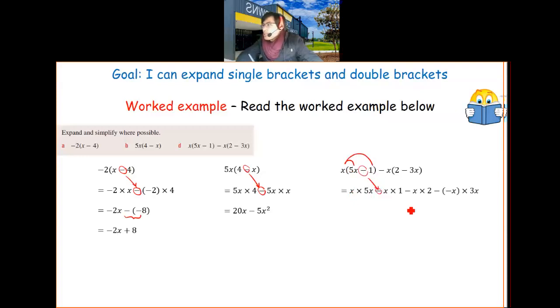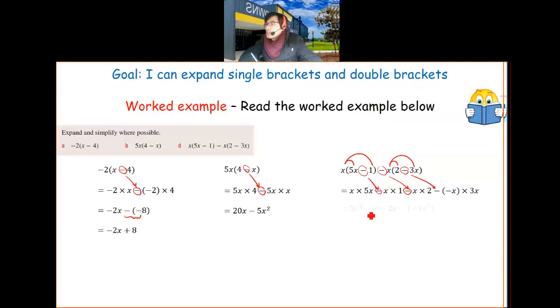And then we have minus x times 2, then bring this minus sign down. And now this one we have another minus here, and that's come from the minus x before. Minus x times 3x. Again, this one is a bit of a tricky one.